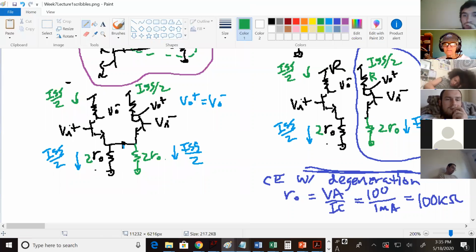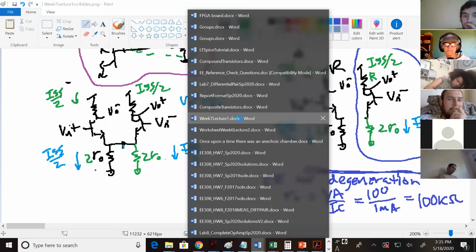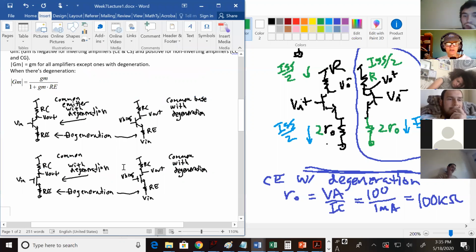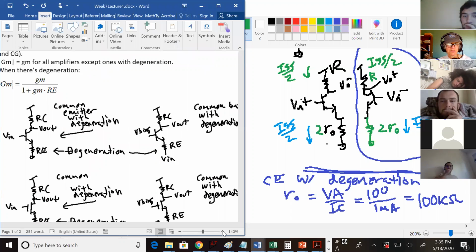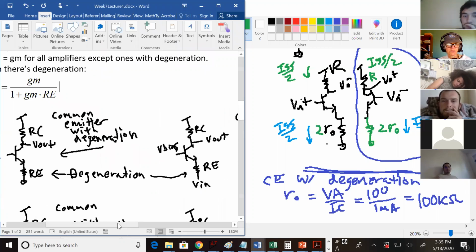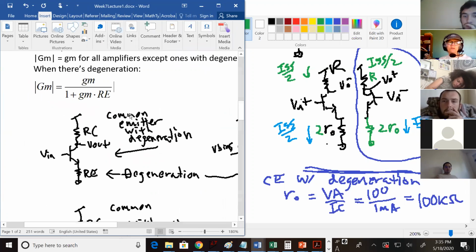And then the Gm you can get from this addition. I don't know if you can see it here. So with degeneration, Gm changes, and this is your new Gm right here.